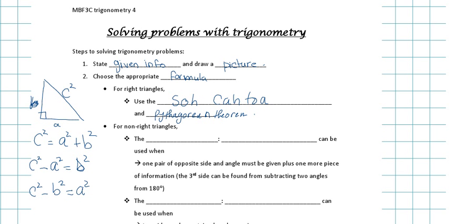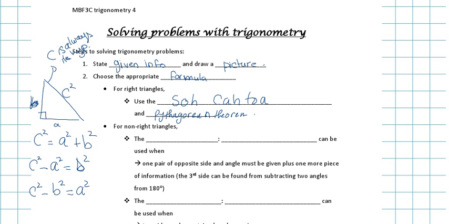This is always, c is always the hypotenuse. Are you guys okay with this?